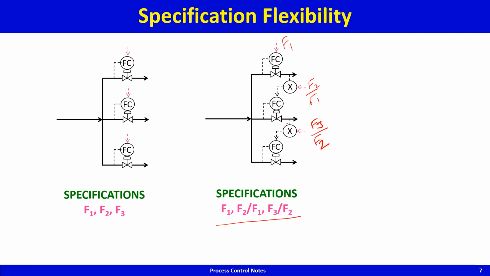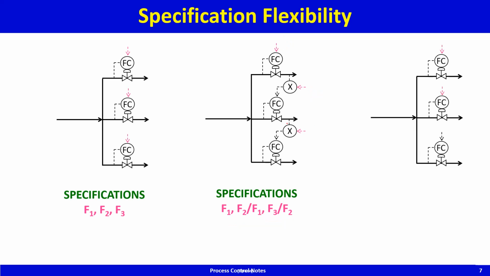There are other possibilities, and I'll just show another one. So you got the flow controllers. So F1 and F2 are independently specified. You add these two signals up, that's the summing block, and subtract it from the total flow. This is the total flow.